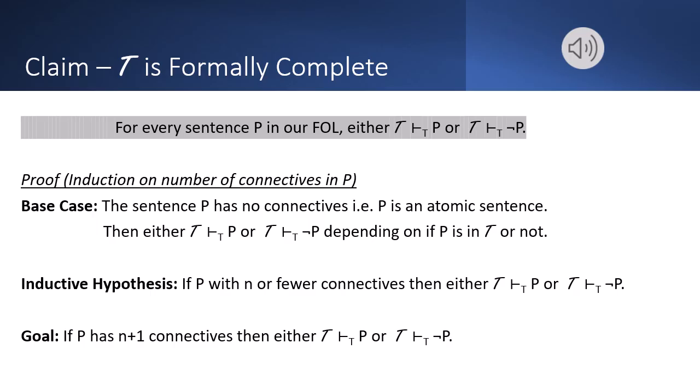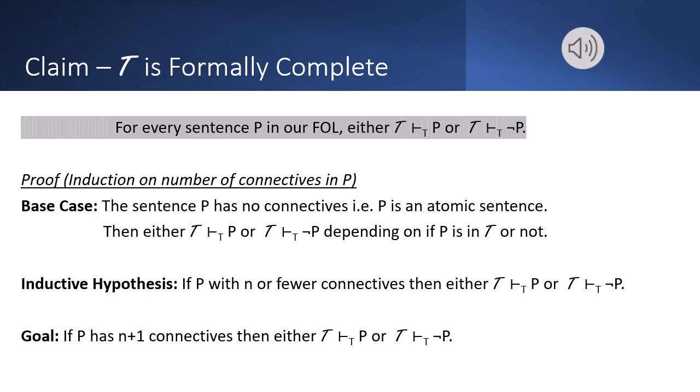And by the way that we constructed that set T, we looked through all of the atomic sentences. And so either we'll have a proof of that atomic sentence, or we'll prove the negation of that atomic sentence, depending on whether or not that atomic sentence was in T. If it's in T, then we have a proof.